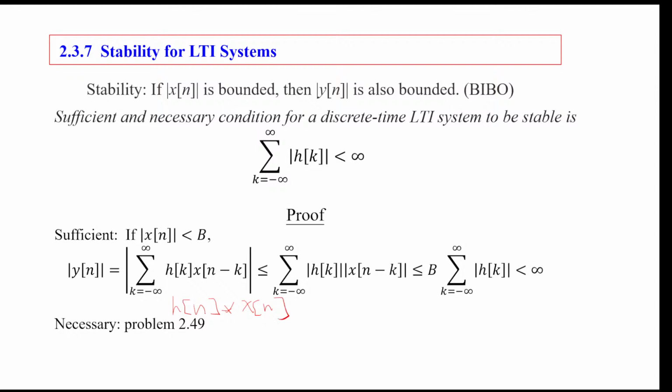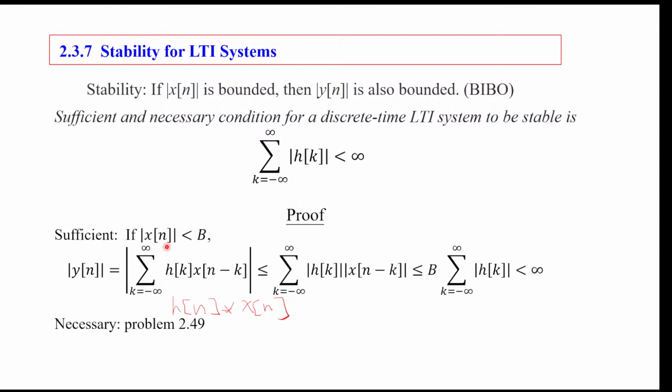Then you write down this summation with an absolute value outside. The absolute value of a summation is less than or equal to the summation of absolute values, and the absolute value of a product is the product of absolute values. So you have less than or equal to, with absolute values on h of k and x of n minus k.